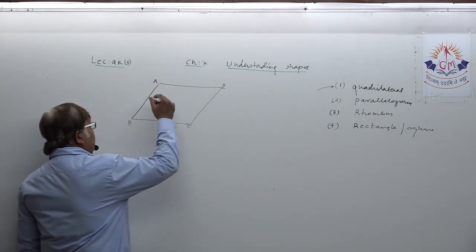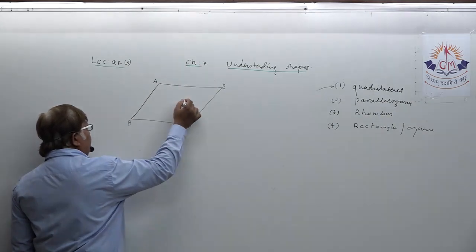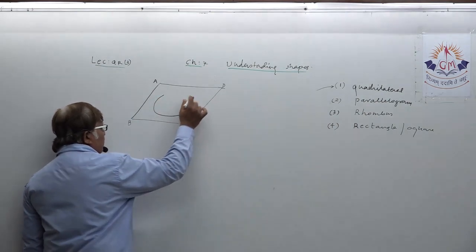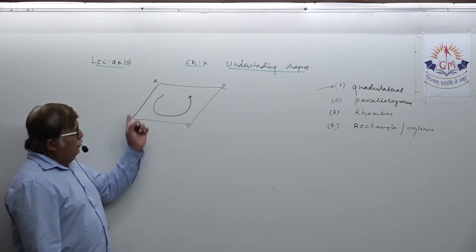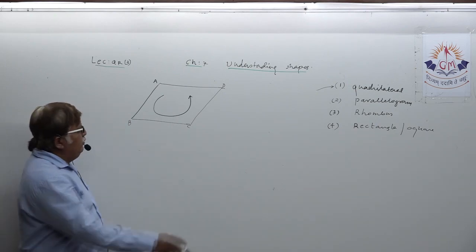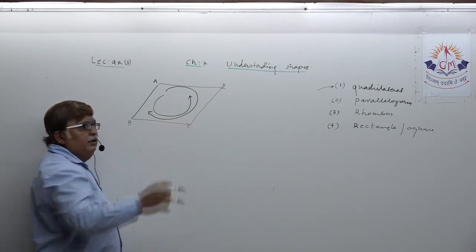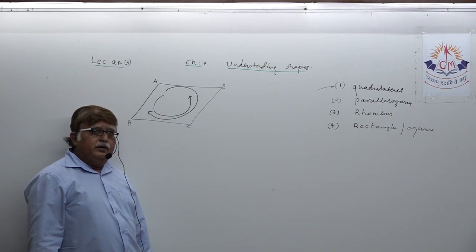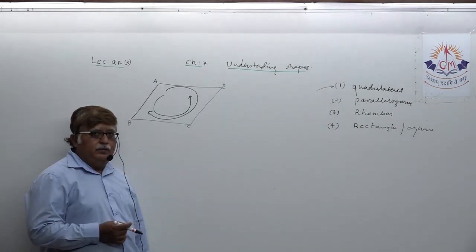How can you name the quadrilateral here? I have named it by moving in anti-clockwise order, A, B, C, D. You can also move in clockwise order and mention the name of the quadrilateral in this way also. A quadrilateral can be named either anti-clockwise or clockwise.